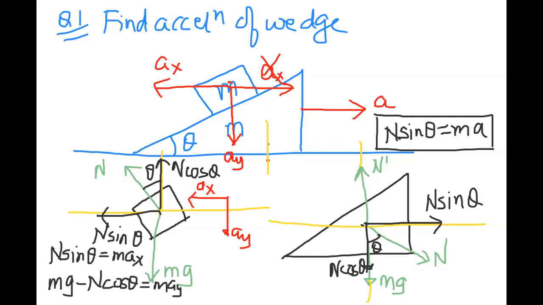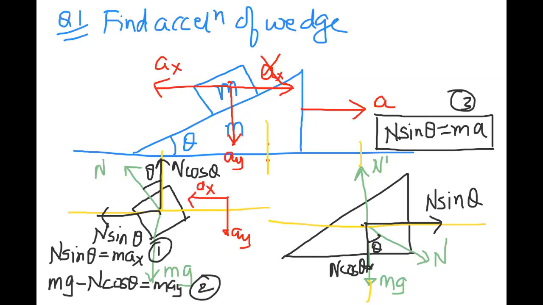So I have got equation number 1, equation number 2, and equation number 3. But when you look at equation number 1 and 3, what is the other immediate conclusion that you arrive at?